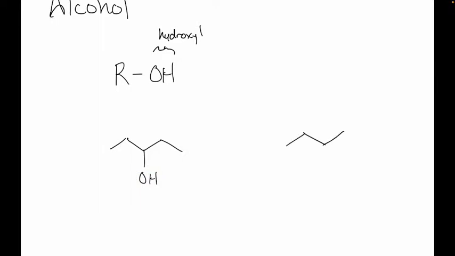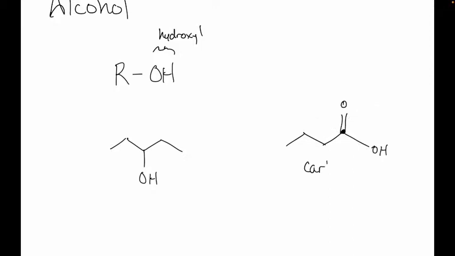One thing I want to point out, because we've seen it a little bit before, is something like this, where you have that OH group bound to this carbonyl carbon here. This would not be considered an alcohol, even though it has that OH group. When the OH group is bound to a carbon that has an oxygen double bond, the molecule gets its own name.